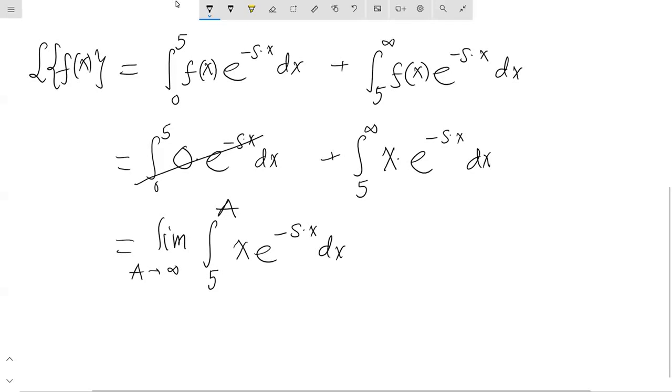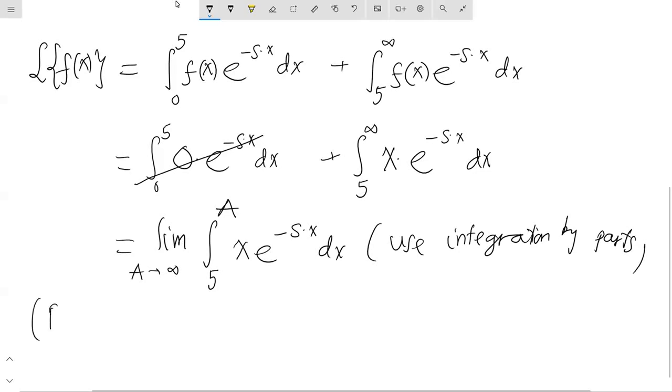We need to use integration by parts, or you may use tabular integration if you prefer.